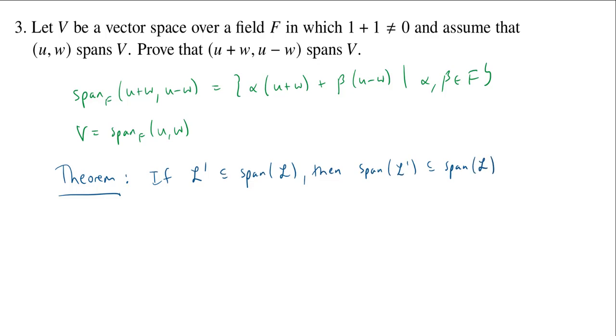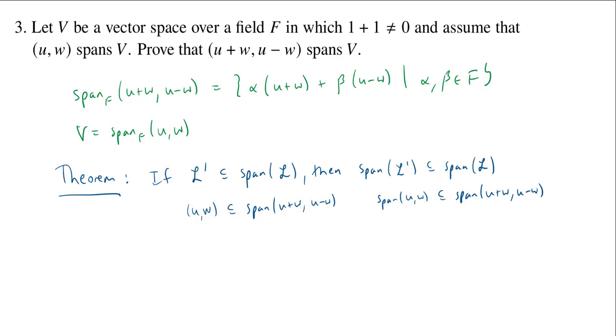So in our case, what I would like to do is to show that u, w is contained in the span of u plus w and u minus w. Because if I can, then that's going to imply that the span of u, w is contained in the span of u plus w, u minus w.